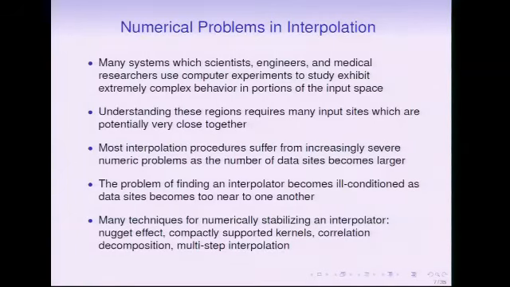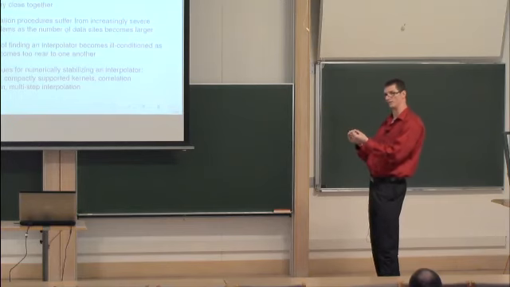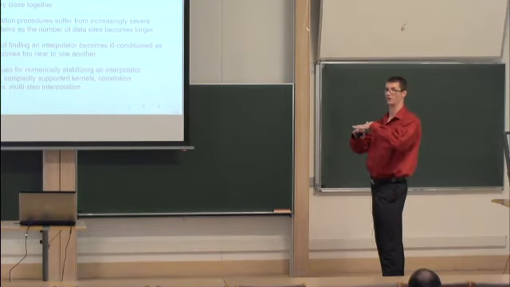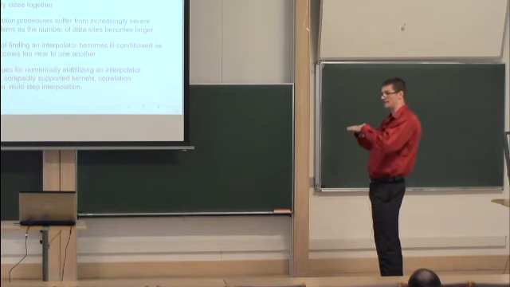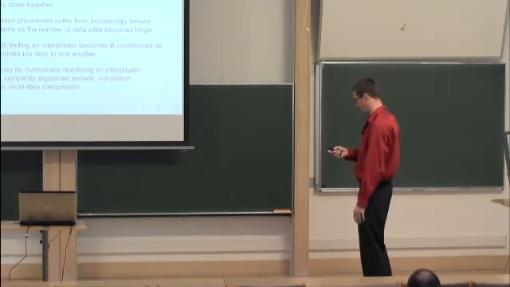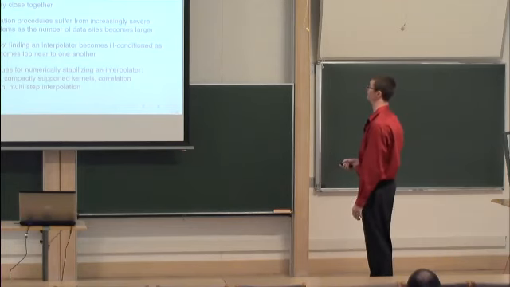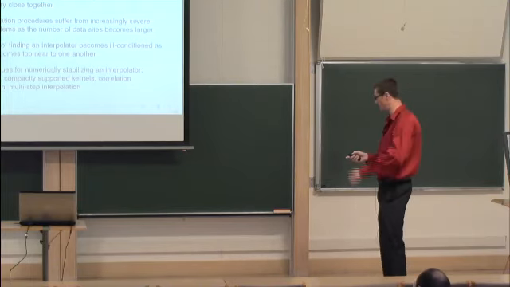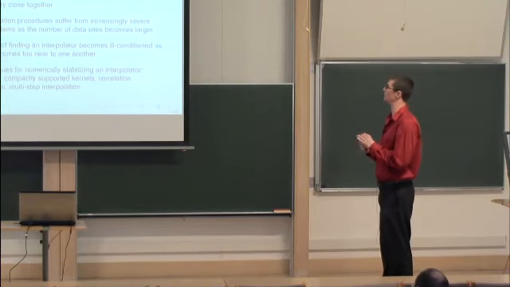As the data points get closer and closer together, the two corresponding rows of your interpolation matrix become closer to one another. And then as they get identical, it becomes singular, and everything flies off the handle at that point. So the whole problem, in a general sense, becomes ill-conditioned as the data sites get close together.